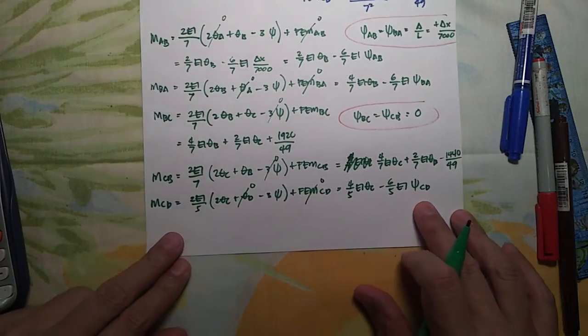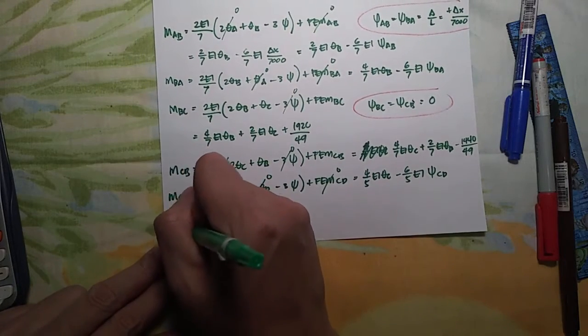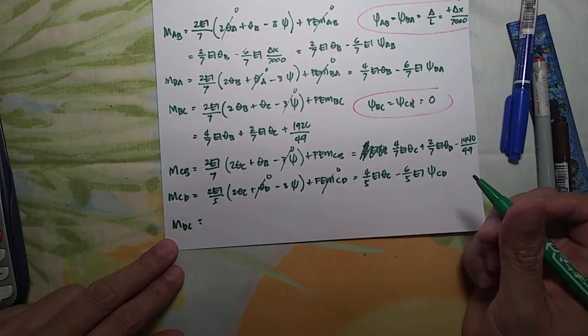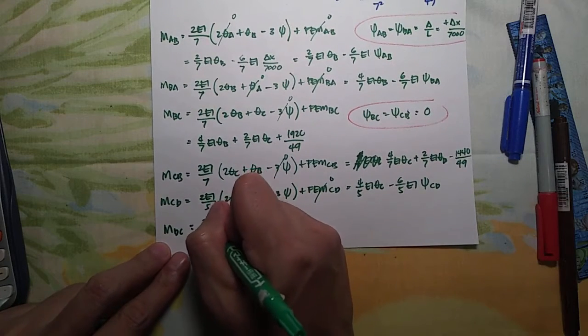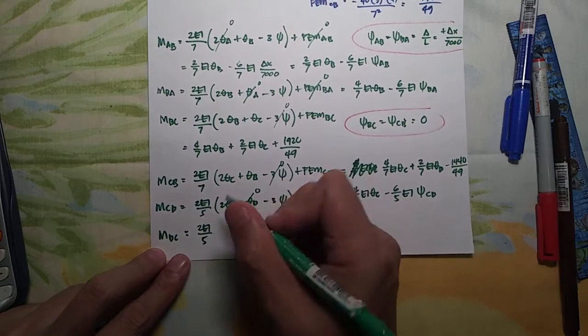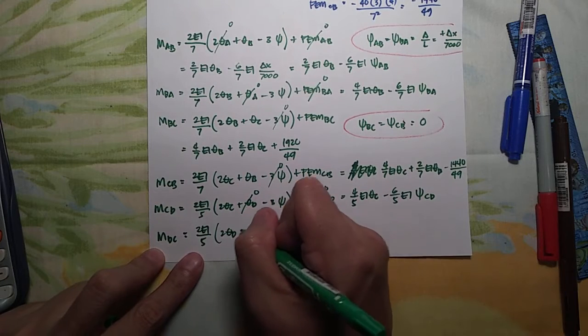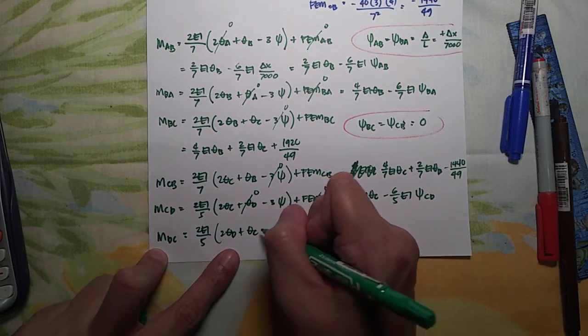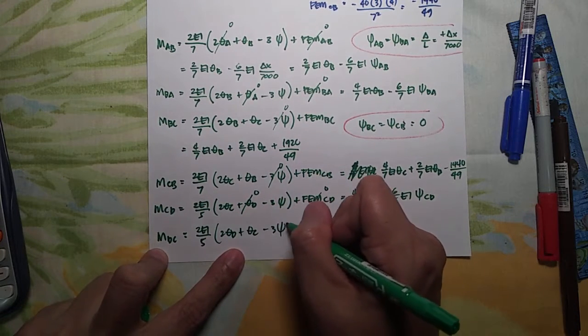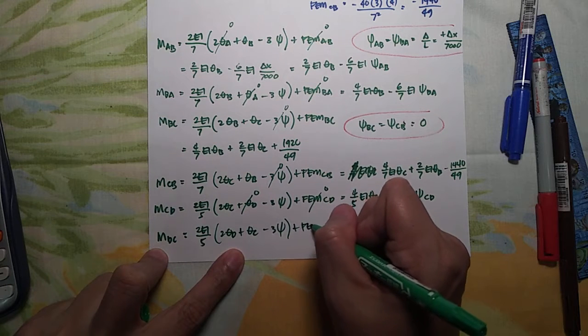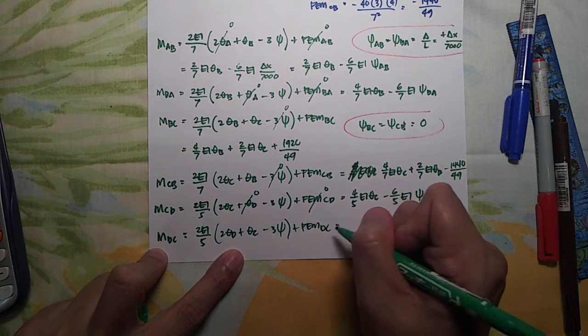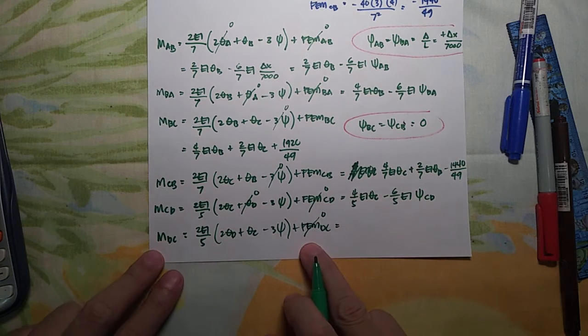Okay, so lastly, how about for MDC? For MDC, it's 2EI, again, over 5, twice theta D, plus theta C, minus 3 psi, plus the fixed end moment on DC. Again, fixed end moment DC is 0.